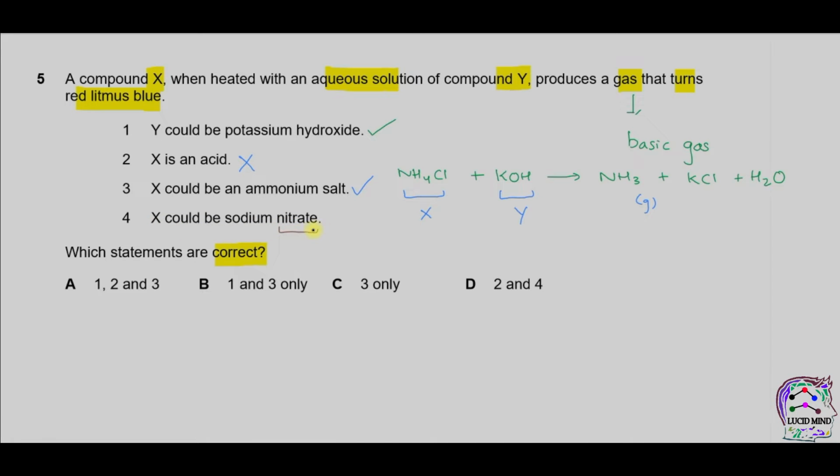Now in this one we have nitrate ions, and we also have a test for nitrate in which nitrate reacts with aqueous sodium hydroxide, which is dilute sodium hydroxide, and in the presence of aluminum foil and warming the mixture, we can form ammonia gas. Now such conditions are not given in this question, only heat is given, so therefore option 4 is incorrect. As options 1 and 3 are correct, the answer is B.